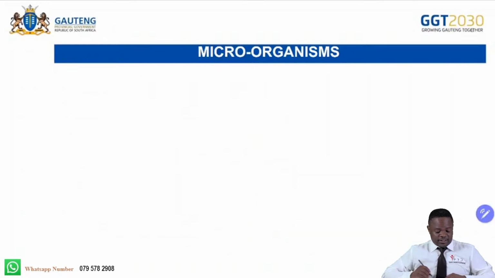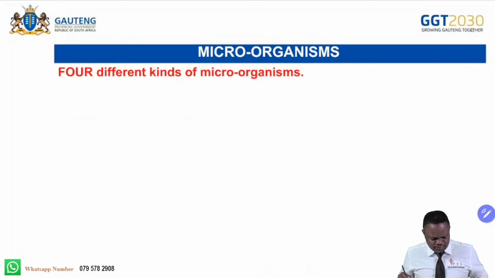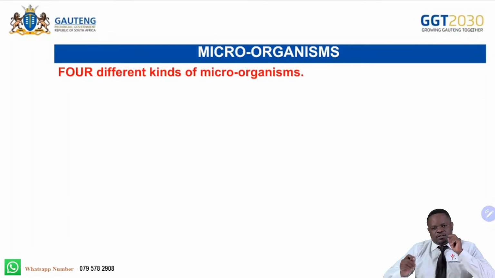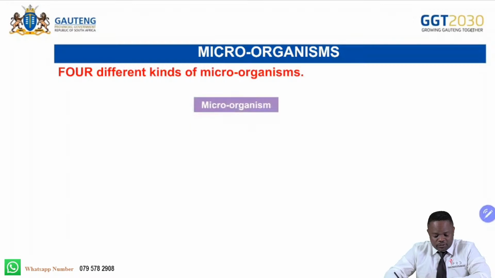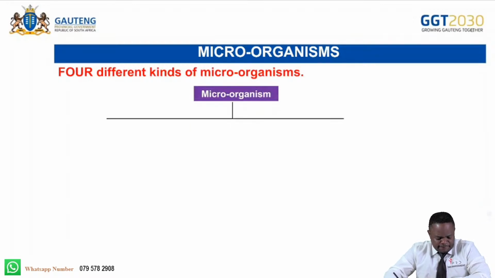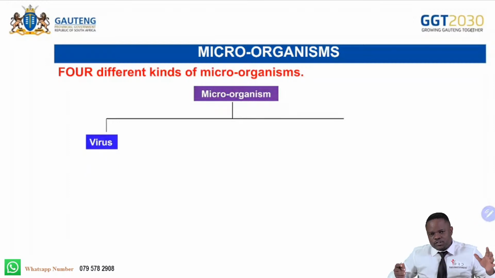So just remember, those are the steps that we take. Okay, let us proceed. Right. So remember we said we want to talk about our microorganisms. Okay. First point that we need to master now, we have 4 different kinds of our microorganisms. Right. The first one, we have the viruses, the one which we introduced our lesson with. Right.